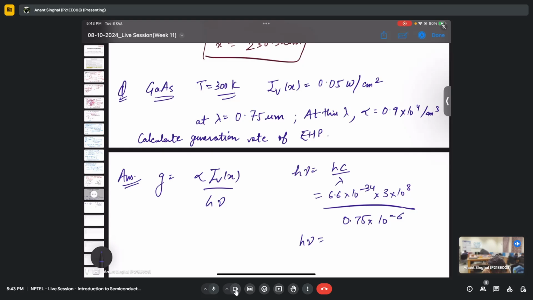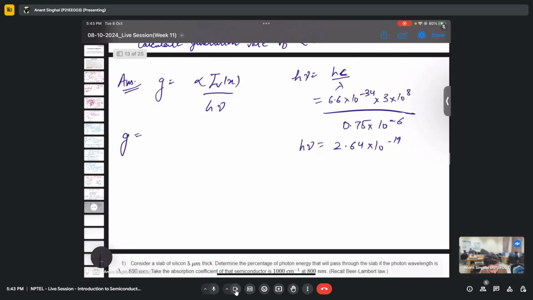So I should not write centimeter here because the velocity that I've taken is meters per second. So meter and meter will get cancelled out. So this is coming out to be 2.64 times 10 raised to the minus 19.